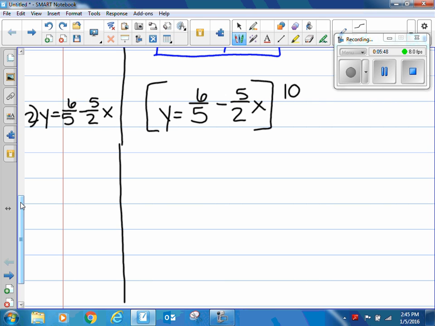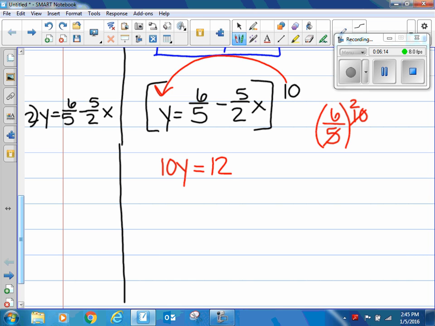So I'm going to first multiply y by 10. That gives me 10y equals. When I multiply 6/5 times 10, this cancels, and this becomes a 2. So 6 times 2 gives me 12.